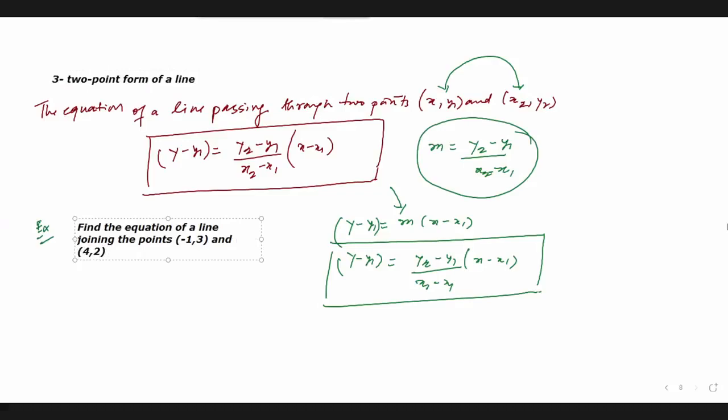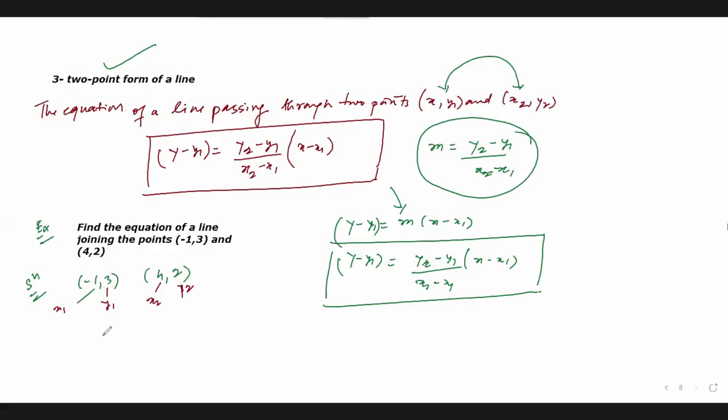So as now 2 points have been given to me, I need to find the equation of a line joining the points -1, 3 and 4, 2. So I will apply the 2-point form of a line. So let us fix them. This is x1, this is y1, this is x2, this is y2.